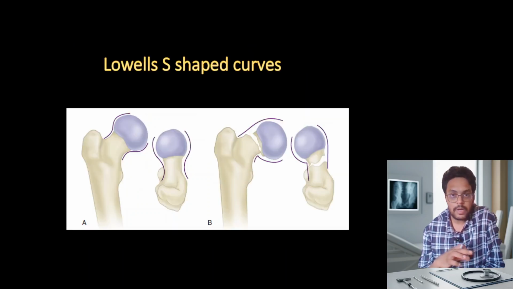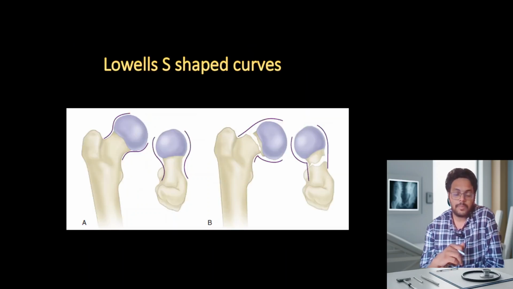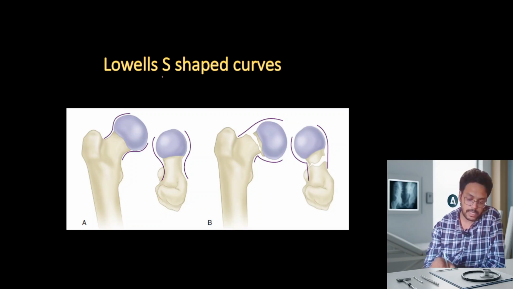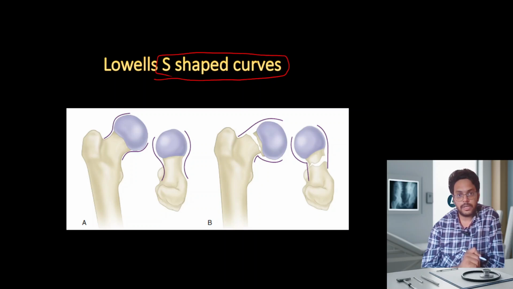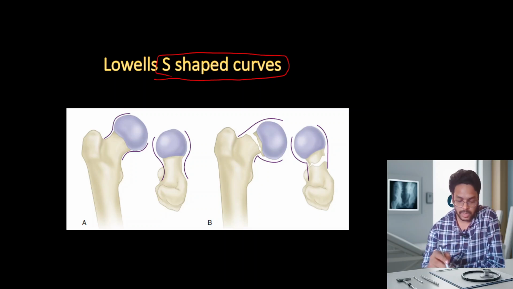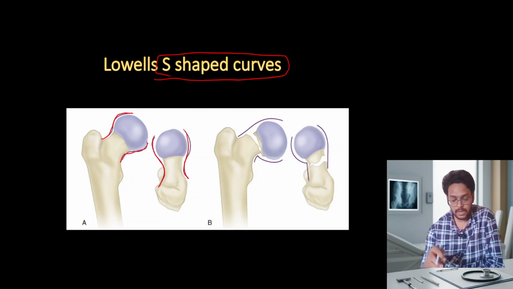The most important intraoperative signs are Lowell's S-shaped curves. Inside the operation theatre, you see these curves and these curves should be maintained. In the AP view there is a normal S in the upper part and a reverse S in the lower part, and a normal S and a reverse S in the lateral view.